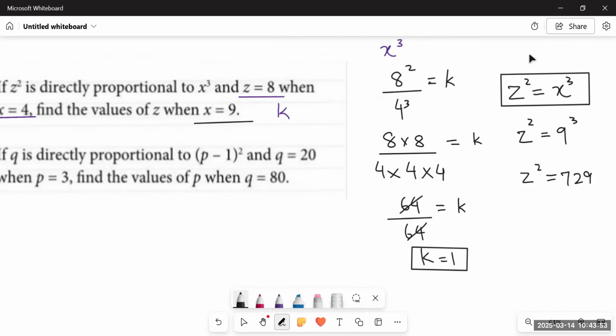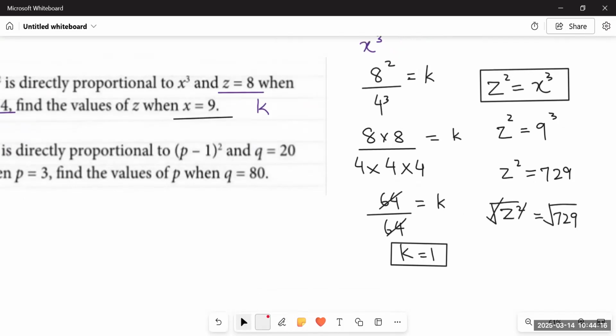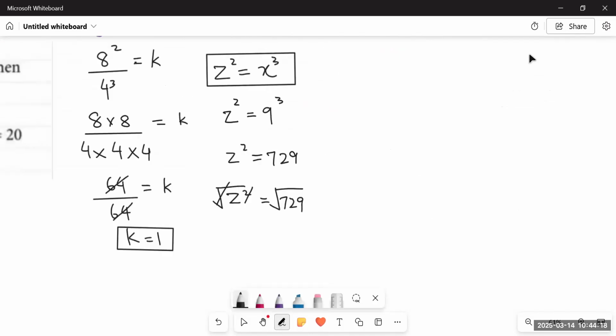And then since we have got the value of Z square and we have to find out the value of Z, what are we going to do? We will simply take the square root on both sides. So this square root will cancel the square. I told you in an earlier video as well that whenever you come up with a variable squared, you have to take the square root at the end.